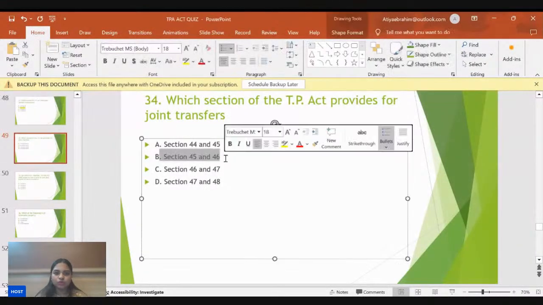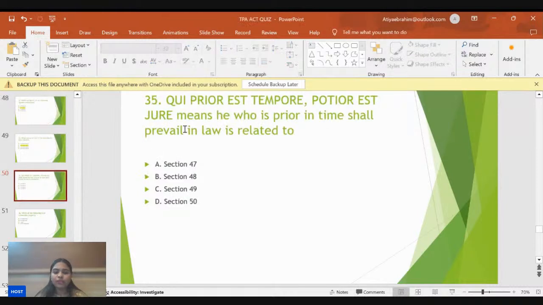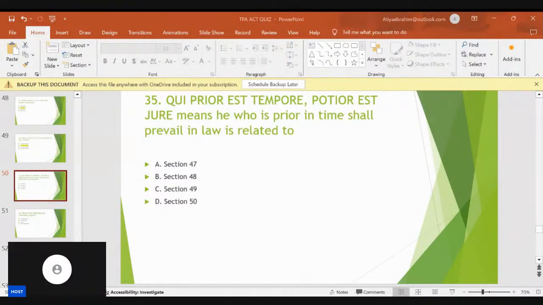So it is 45 and 46, right? Come to next question, 35. ये काफी easy भी question है और ये हमारा, you know, एक important maxim भी है, तो आप बताओ.